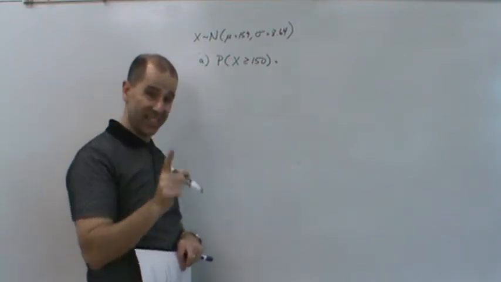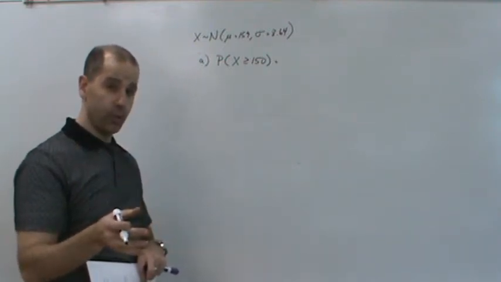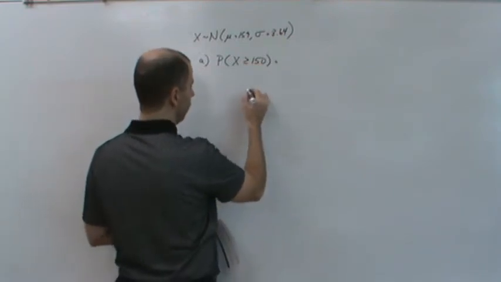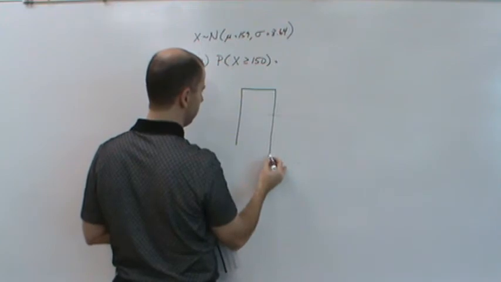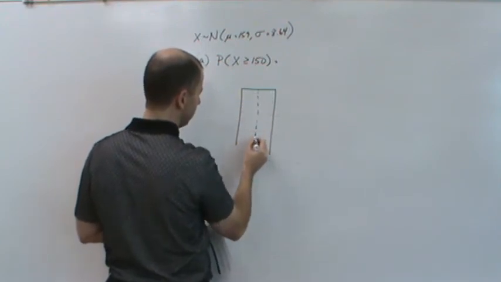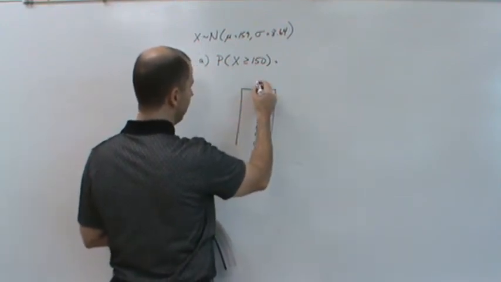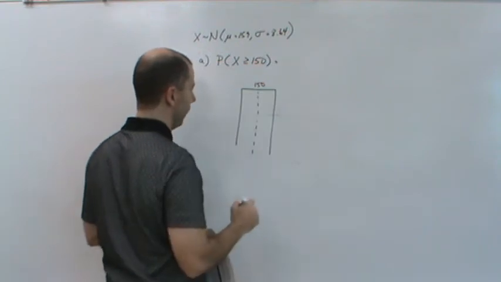So think about, this is a histogram. This is a binomial distribution. So think about the bar. Let's just think about one piece of the bar, right? So here is my bar, and right here is 150, okay?